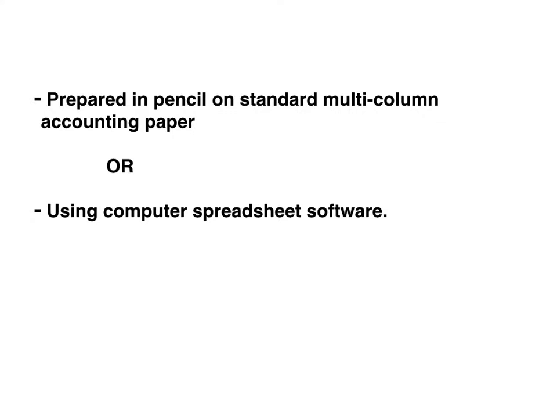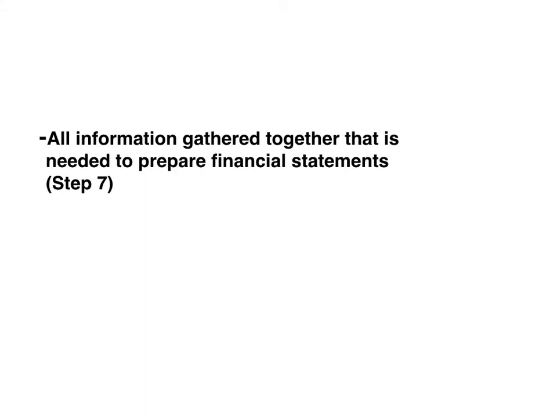This worksheet can be prepared in pencil on standard multi-column accounting paper, or we can use a computer spreadsheet. Now, all the information that's gathered together on this worksheet is what we need to prepare the financial statements, which we'll get to in the next chapter as step 7.